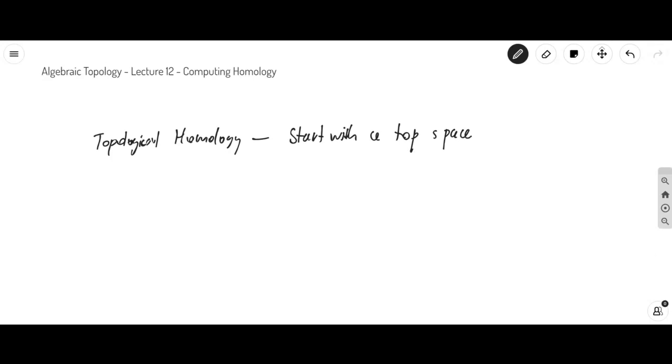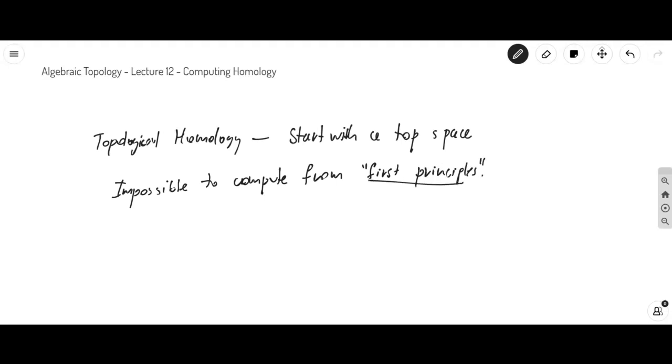The drawback with this kind of approach is that it's impossible to compute from first principles, so just following the definitions.